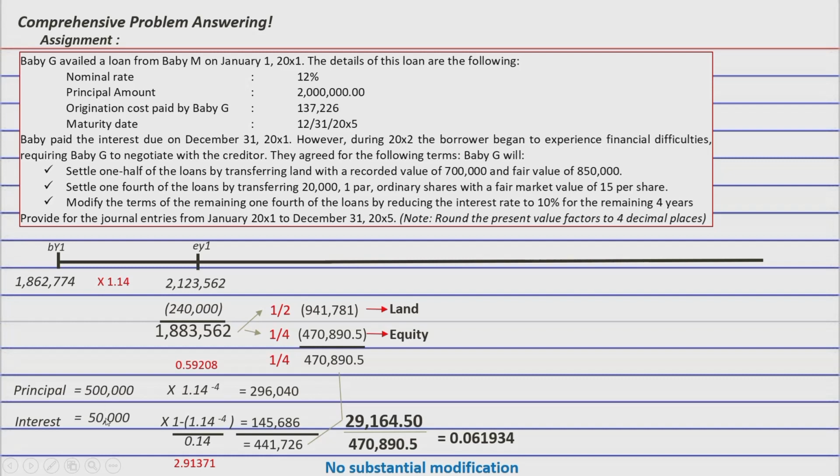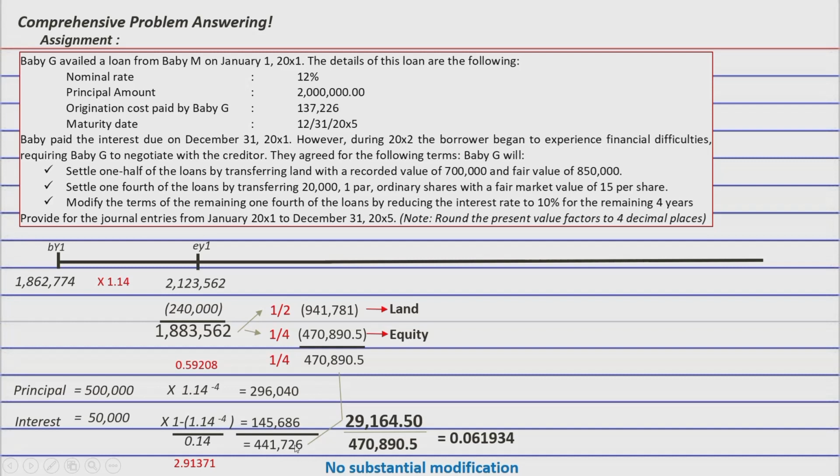It is because we modified the terms from 12% to 10% and the creditor agreed. So, again, that was originally 12%. Anyways, the present value that we have computed after modifying the terms, specifically the interest to be paid, totaled 441,726 using, of course, the old effective rate of 14%.